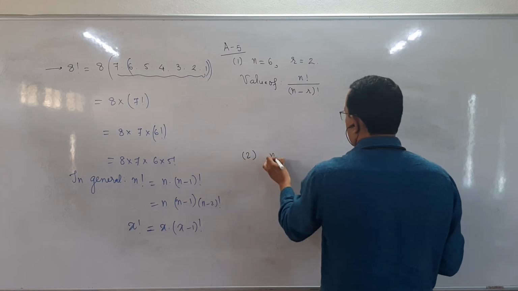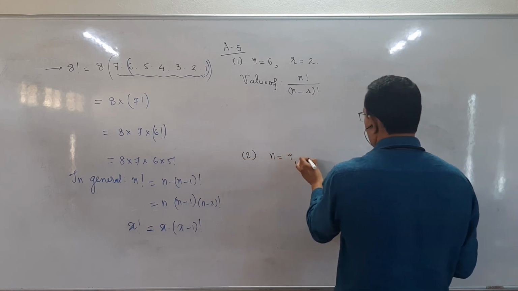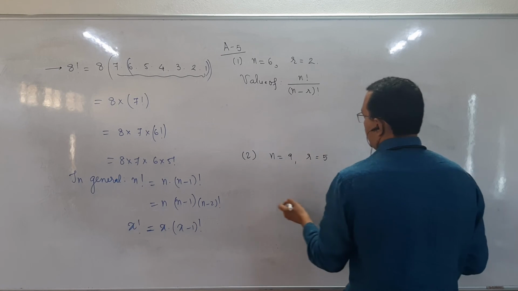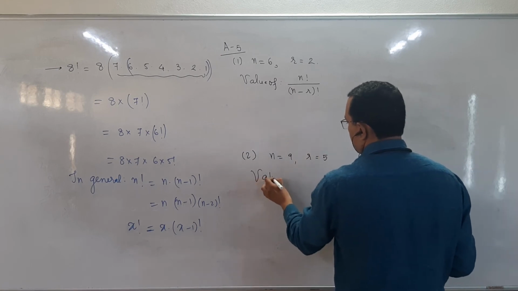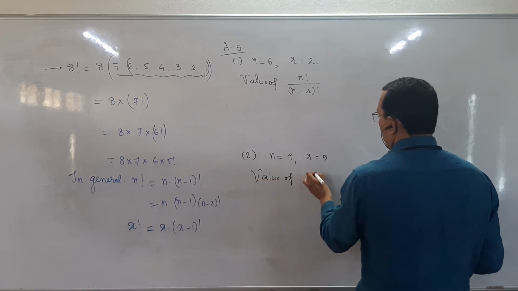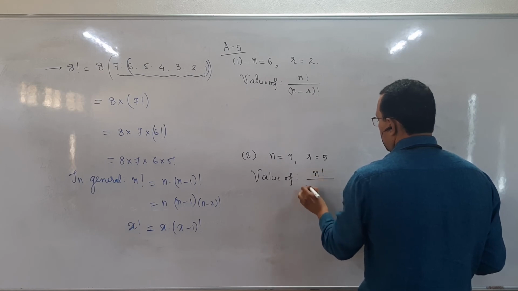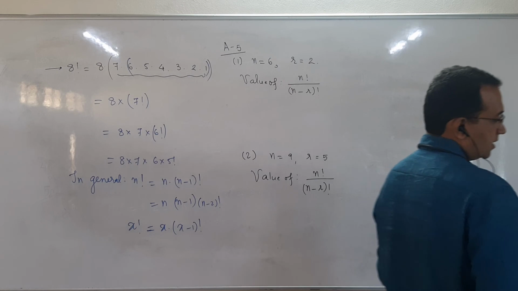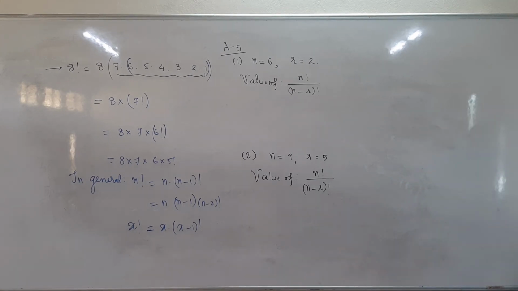In the second case, n is 9, r is equal to 5. We have to again find the value of n factorial upon n minus r factorial.